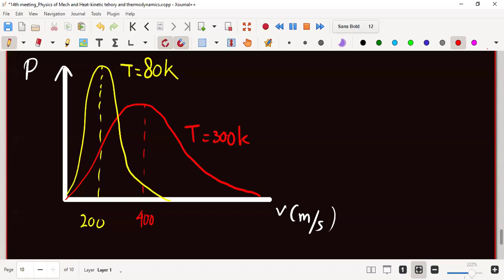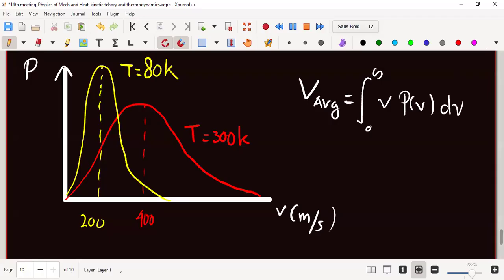So we can get the average velocity here. The V average is the integration from 0 to infinity of V times P(V) dV. And we'll get the V average.